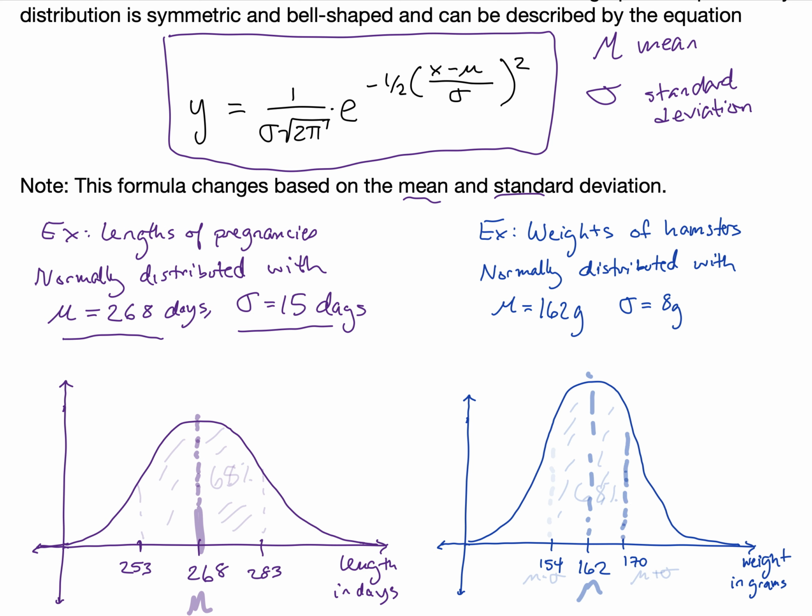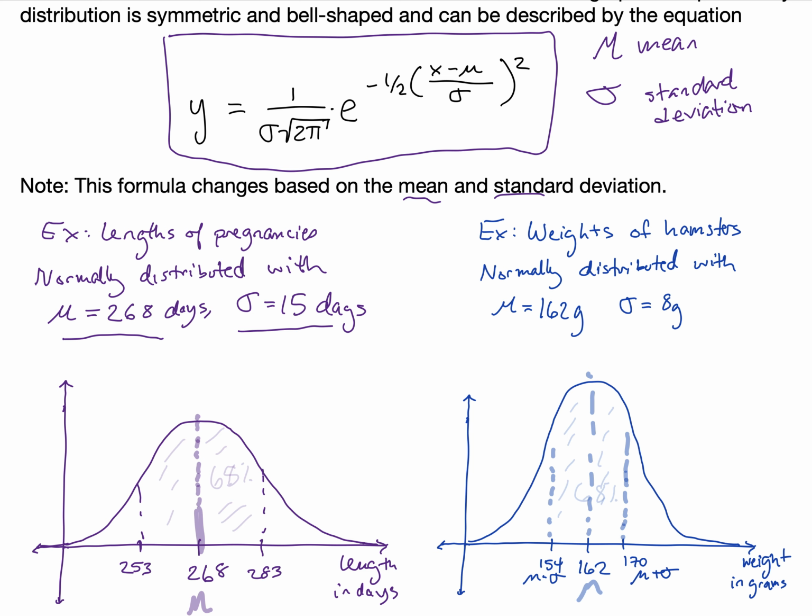If we go over 8 units to 170, we have one standard deviation above the mean. Over 8 units to 154, we have one standard deviation below the mean. So this is the mean plus one standard deviation, and the mean minus one standard deviation. Because the standard deviation is smaller than that for the lengths of pregnancies, where the standard deviation is 15 days, this data is not as spread out.